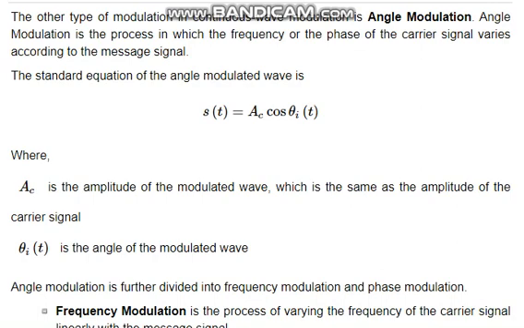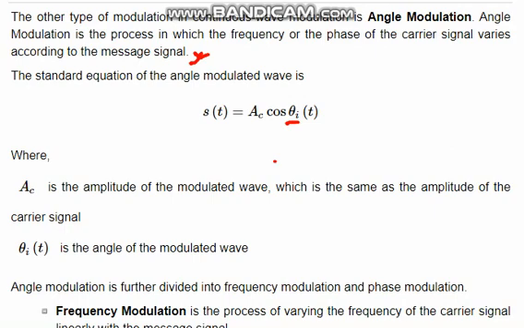So angle modulation is the process in which the frequency or the phase of the carrier signal varies according to the message signal. That means the phase and the frequency will change.